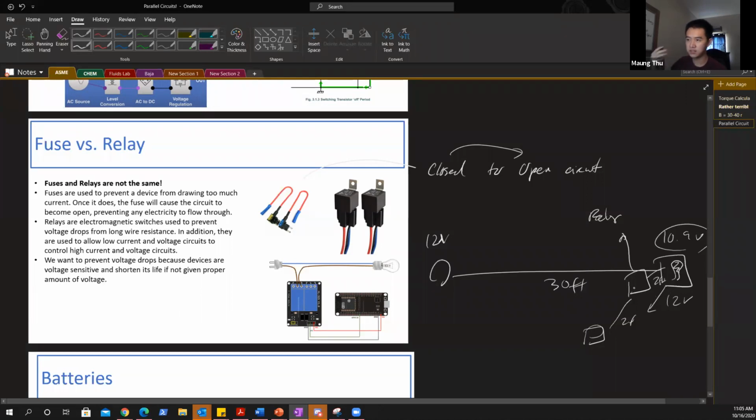That's what relays are ideally for. Not to treat it as a mechanical switch, but to account for the long distance in wire.